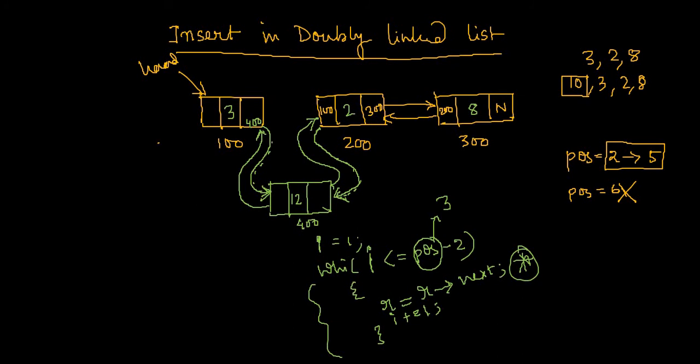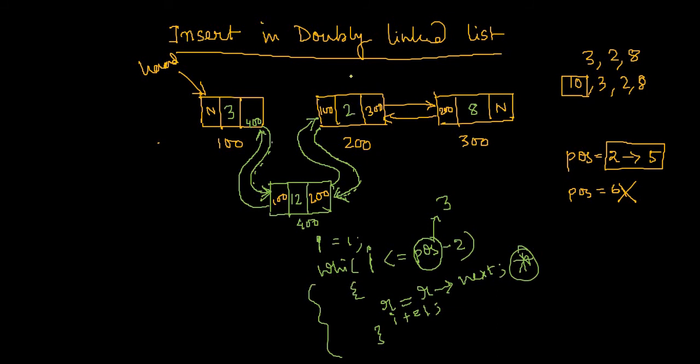This will be some valid address, right? It should contain some valid address, that is 400. So it should contain the address of this node, that is 100, and the address of this node, that is 200, right? Okay, fine. So other things are okay.